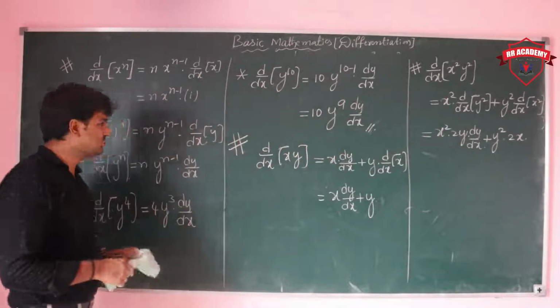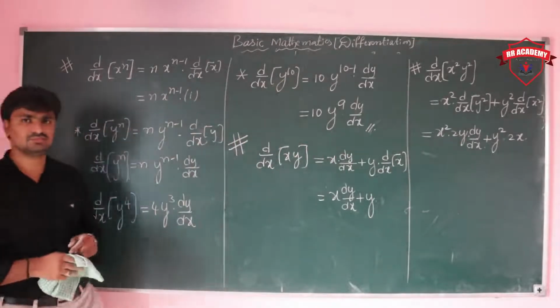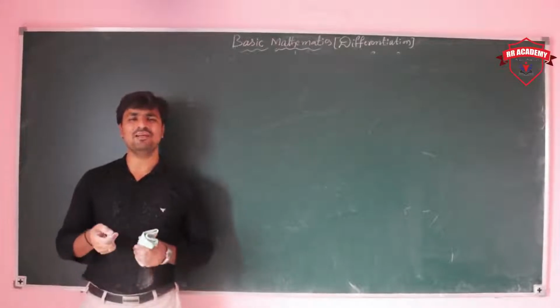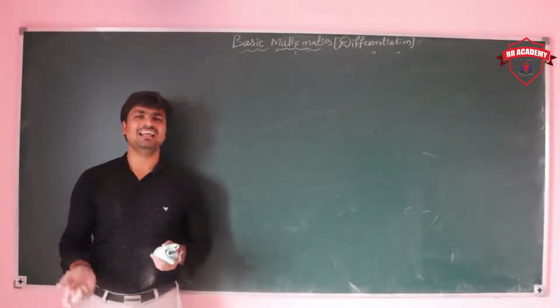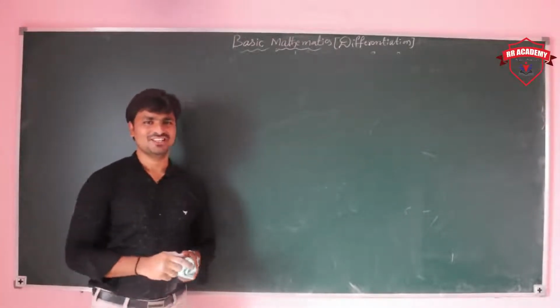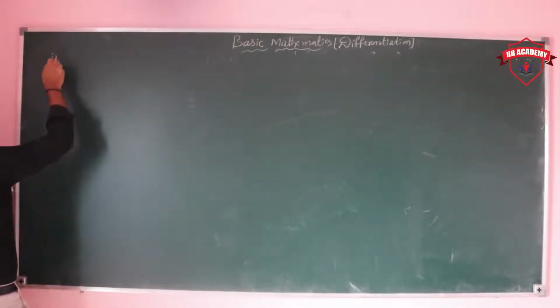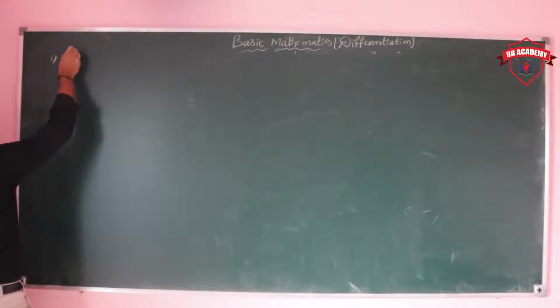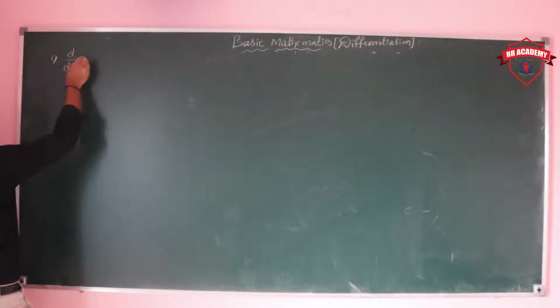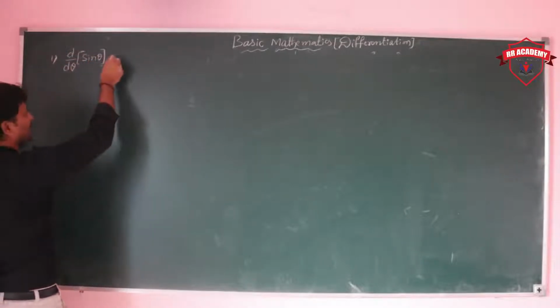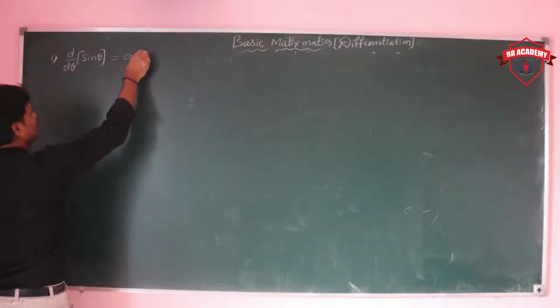And now we will move to some important formulas in differentiation. So see here, what are the important formulas? I'm taking first d by d theta of sine theta, that is, sine theta differentiation with respect to theta, that is cos theta.